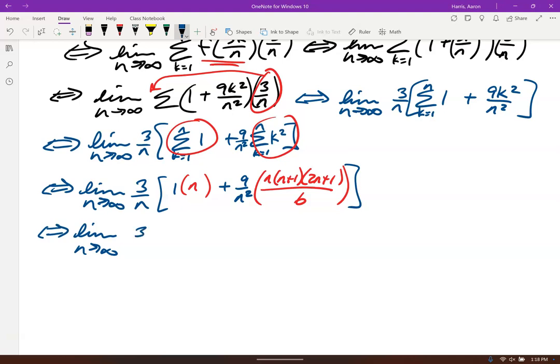So we've got 3 over n times n plus, let me make this 9 over 6 as 3 over 2. So I've got 3, and I'm going to multiply that by n plus 1, 2n plus 1. And I'll take that 3 through.